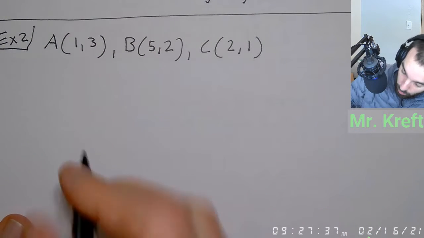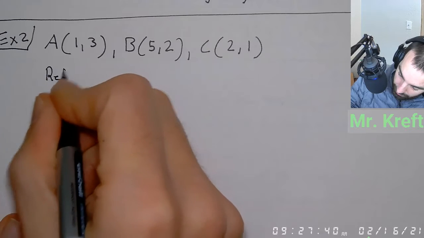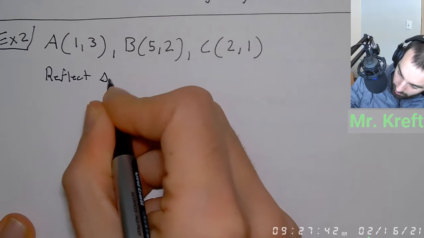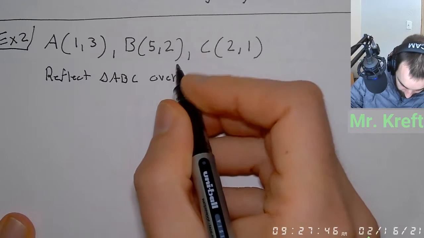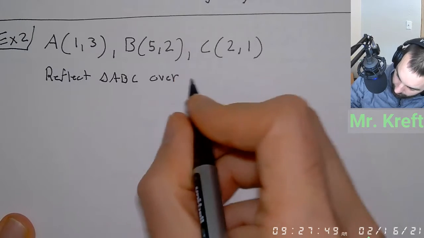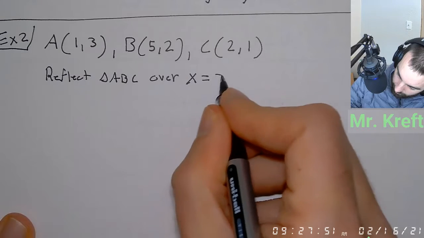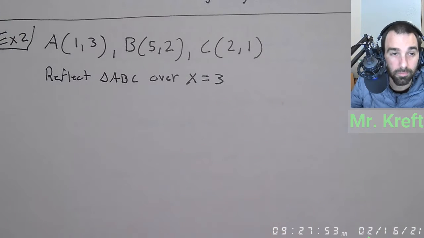What we're going to do is reflect triangle ABC over x equals 3.